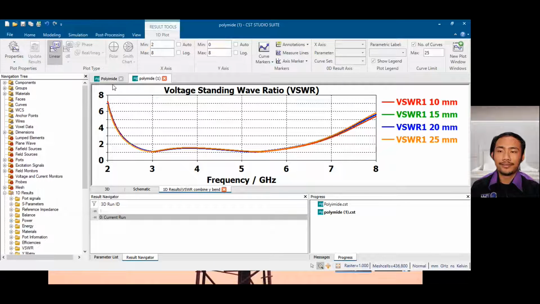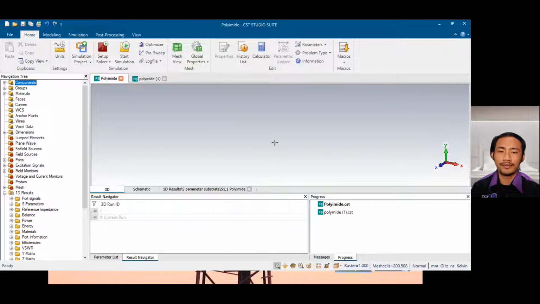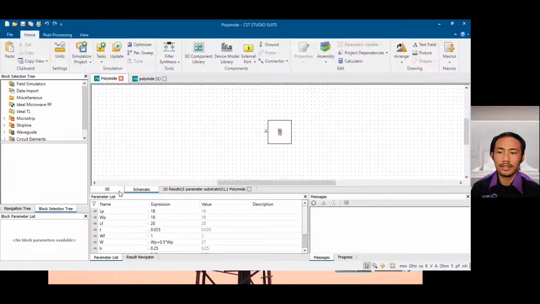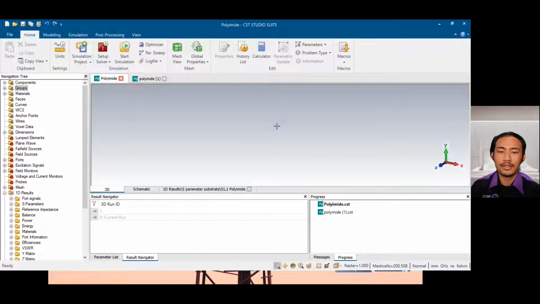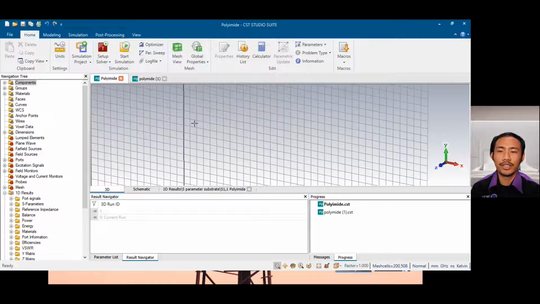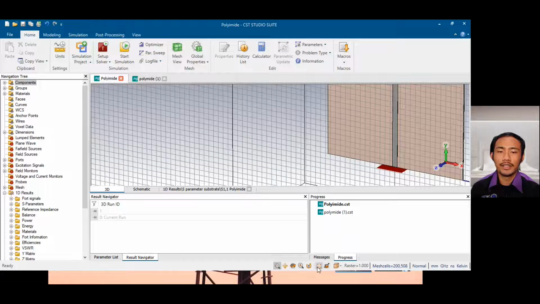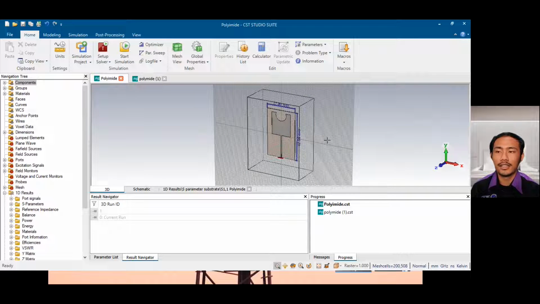So this is the dimension for the polymer substrate. This is the dimension for the polymer substrate with the non-bending radius.